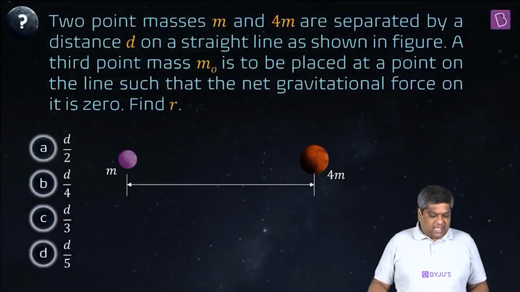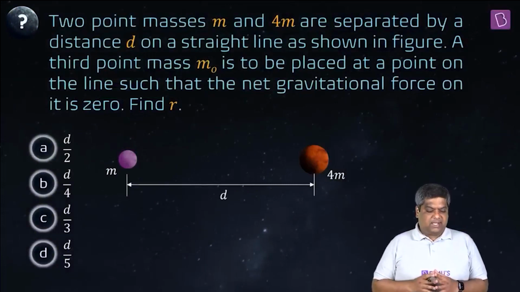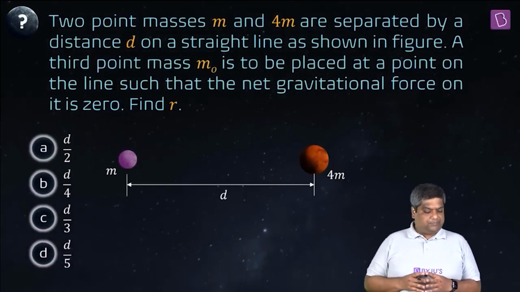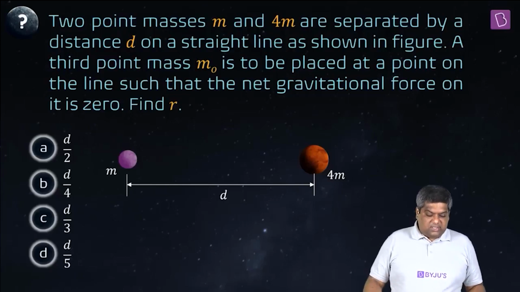Two point masses m and 4m are separated by a distance d on a straight line as shown in the figure. A third point mass, m0, is to be placed at a point on the line such that the net gravitational force on it is 0.